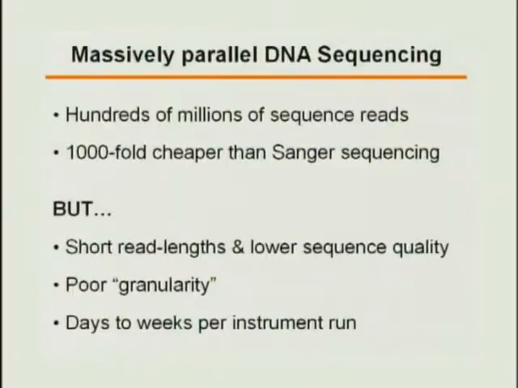It also suffers from what you can call poor granularity. If one wanted to do a Sanger sequencing reaction, for example, one would sequence 1,000 bases and get 1,000 bases of data, right? The minimum unit of sequencing that you get with next-gen sequencing is on the order of, let's say, 1 billion nucleotides of data. And there's no easy way to get just 1,000 bases or just 100,000 bases.